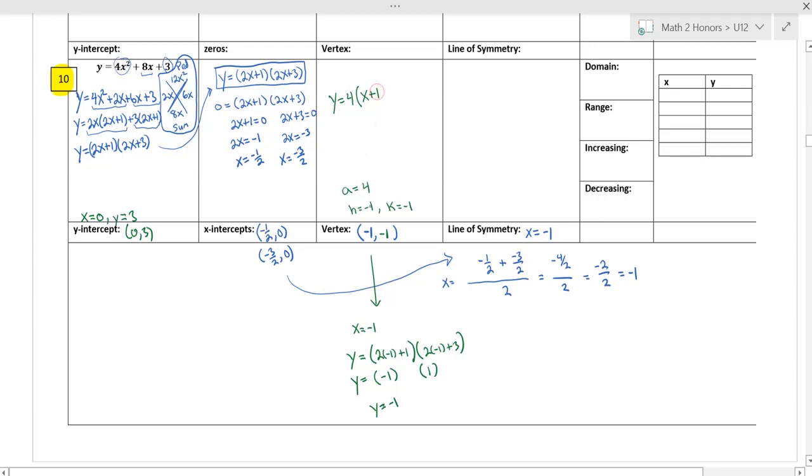It's the opposite of h. h is negative 1, so I do the opposite of h, which is plus 1 squared, and then minus 1, which is k. And that's your vertex form of the equation. So I have all three forms: standard form, factored form, and vertex form. Let's put everything in a graph now.